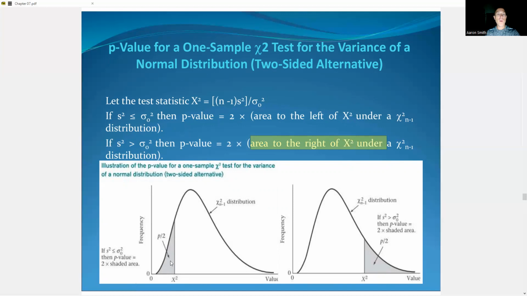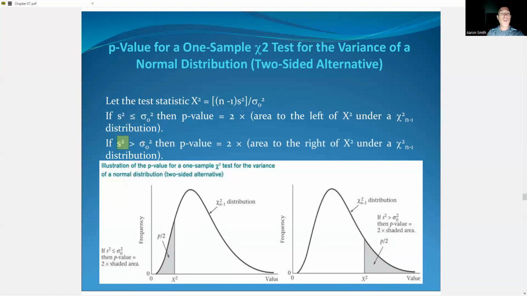So here I'll find this value. If s squared is less than the hypothesized value for the variance, then I'm in this situation: I find this area, double it, and that's my p-value.